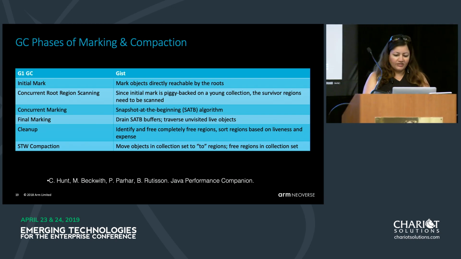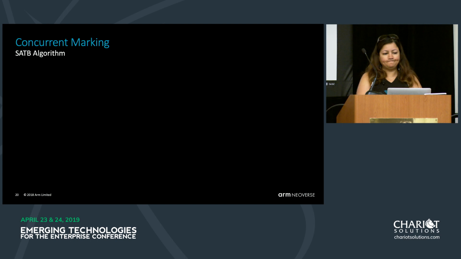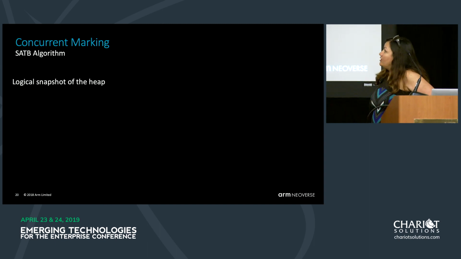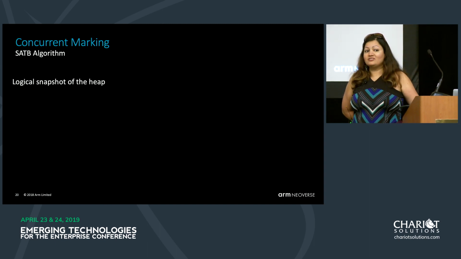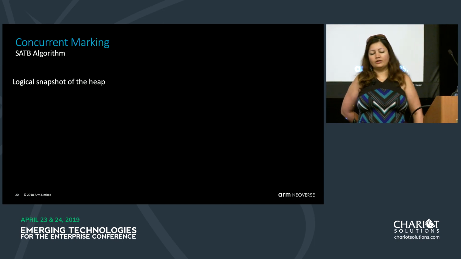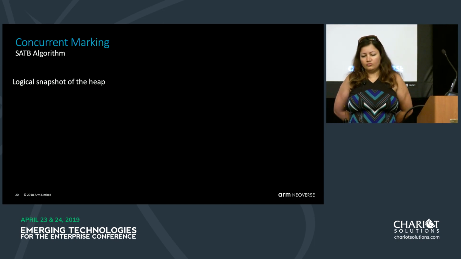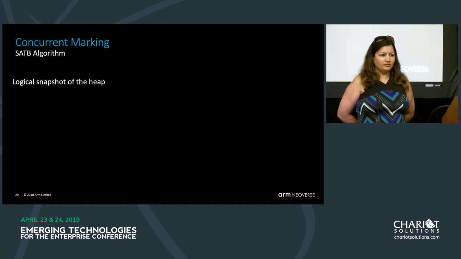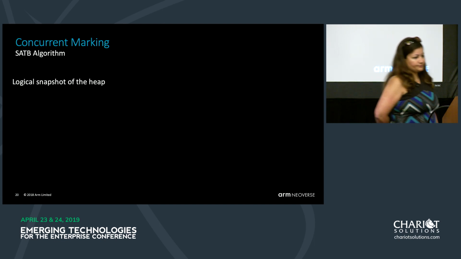So let's dive into SATB, which is how concurrent marking is done in G1 GC. SATB is a logical snapshot. It is called snapshot at the beginning. So basically, at the start of mark, what was live will be marked during the concurrent marking phase.